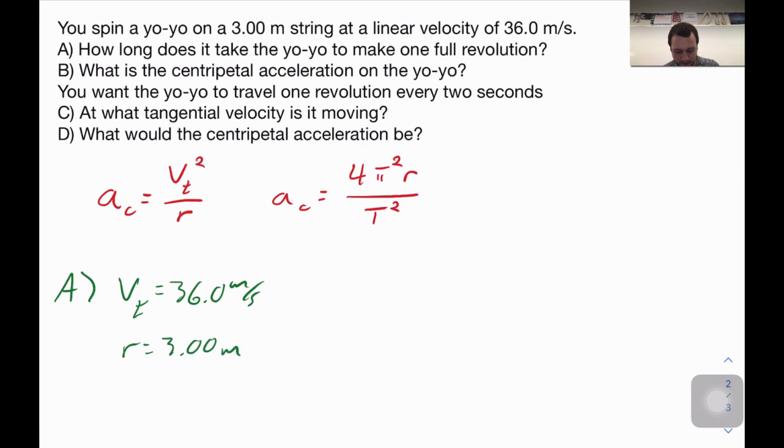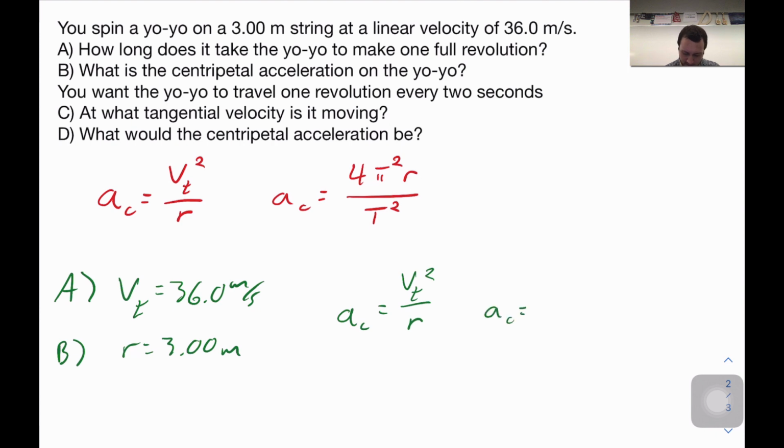What is the centripetal acceleration of the yo-yo, and how long does it take to make one full revolution? We can actually do both B and C at the same time, so I'm going to go ahead and include B in here as well. Our centripetal acceleration, a_c, is equivalent to our tangential velocity squared divided by the radius.